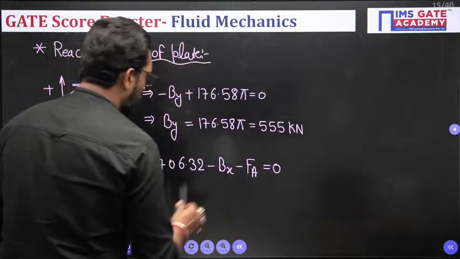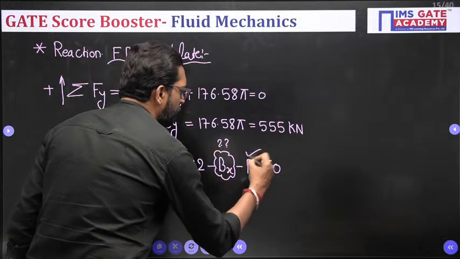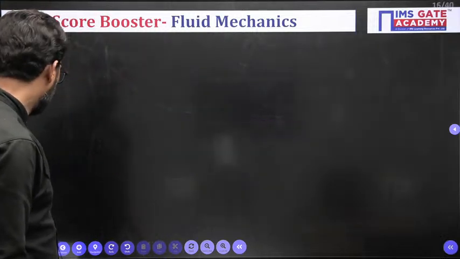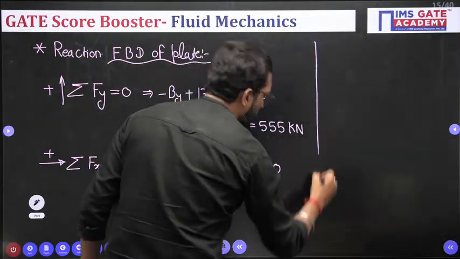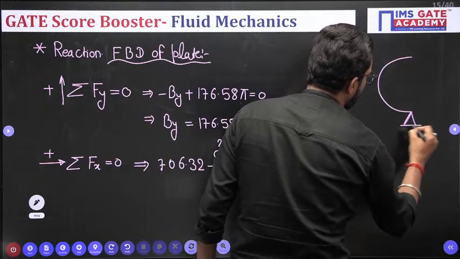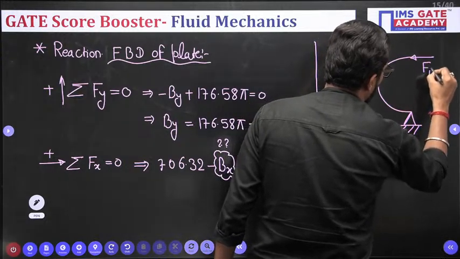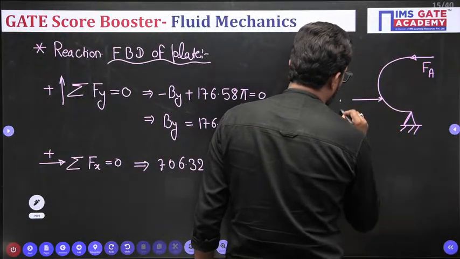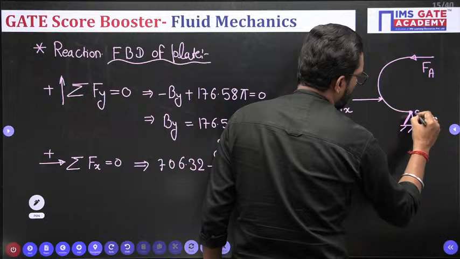Now we have to find Bx, but we don't have the value of FA. So we have to find FA. How to find FA? See, this is your semicircle, and here is the hinge, and at this point there is FA. And at this point there is your Fx, and at this point let's suppose B is there.